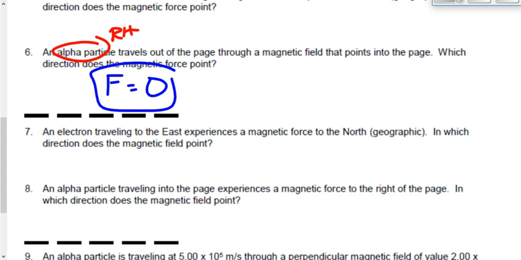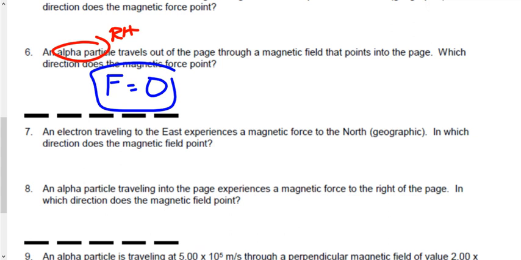Which means that if I stick my thumb to the east and my palm to the north, my fingers are going to automatically point which way? Up. Same as you did when I actually had the directions correct, right? It doesn't matter if you have those directions correct as long as you're consistent. Okay? Does that make sense? Yeah?